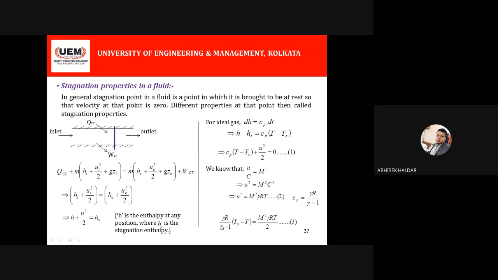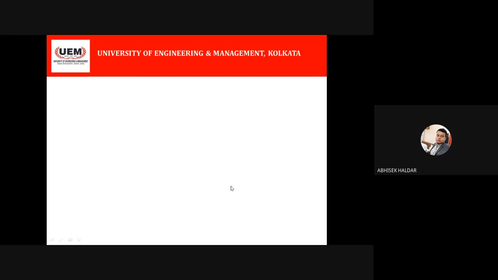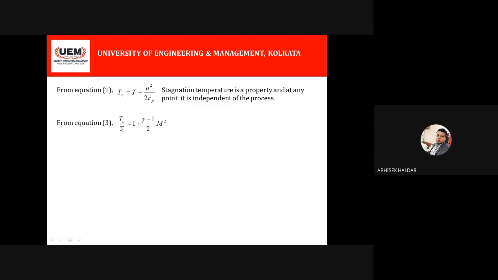So from this equation number 3, I am going to show you in the next part. I have simplified it and got this type of expression. T0 by T is equals to 1 plus gamma minus 1 by 2 into M square.